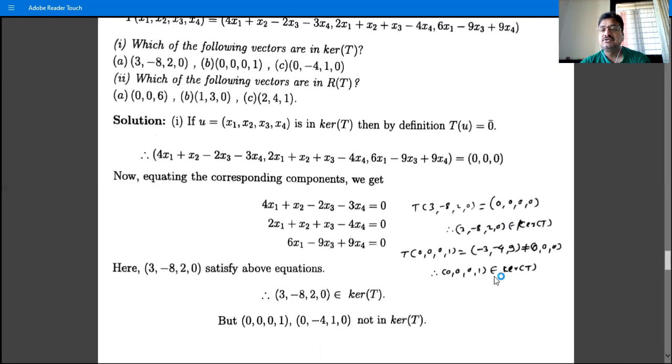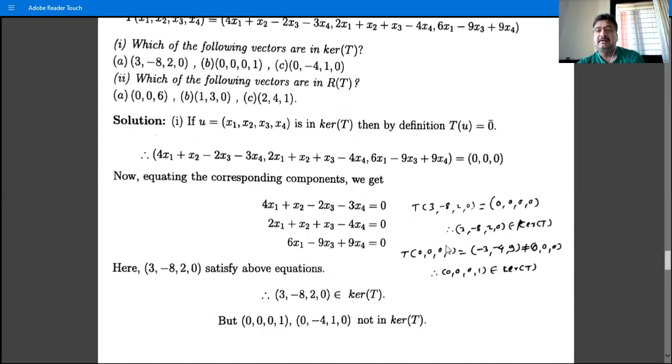T of (0, 0, 0, 1) is not equal to 0 bar, and therefore this vector does not belong to the kernel of T. The vector (0, 0, 0, 1) does not belong to the kernel of T.